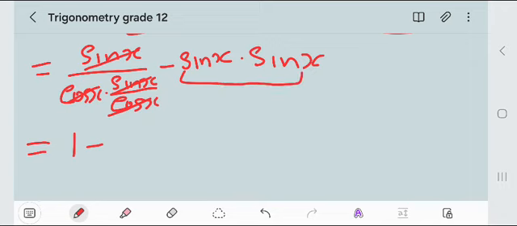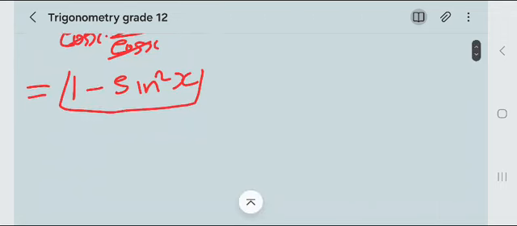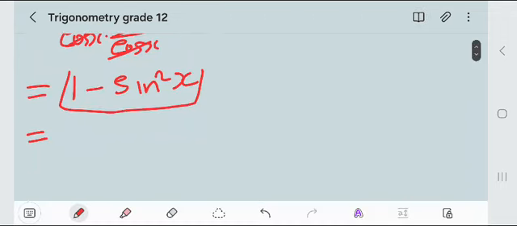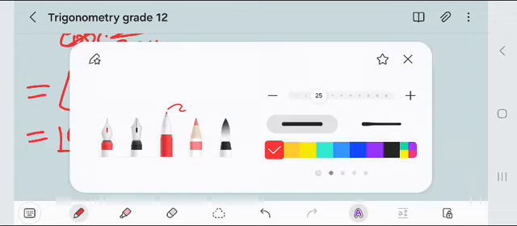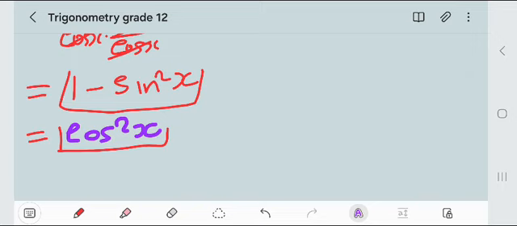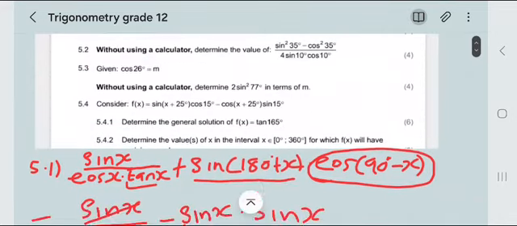When you multiply this, you'll have sine squared x. Ladies and gentlemen, this is equal to cos squared x, right? We are done with that.